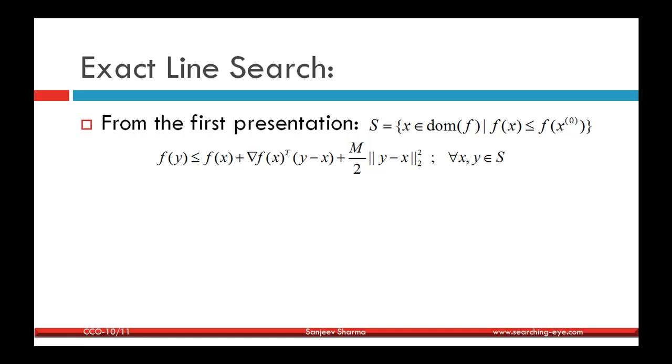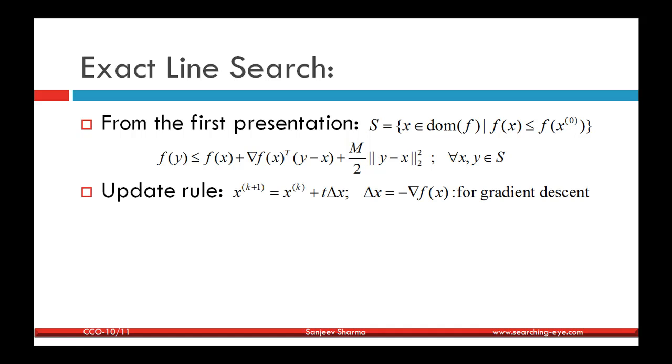It comes from the strong convexity assumption, where the Hessian of the function has an upper bound m times I. The update rule is that x k plus 1 is x k plus t delta x, where delta x is the negative of the gradient for the gradient descent method.